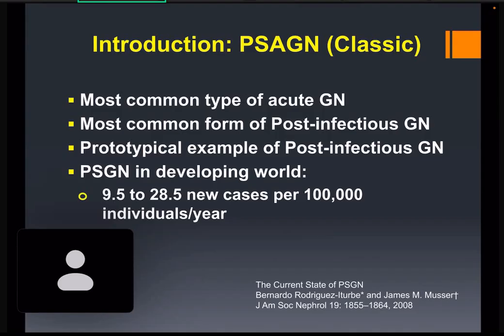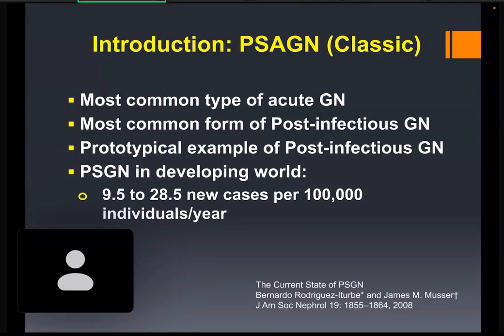The PSAGN, or post-streptococcal acute glomerulonephritis, is the most common type of acute GN. Acute GN is the general terminology, but when you talk about a specific streptococcal infection that leads to an acute glomerulonephritis, that is what we call post-streptococcal glomerulonephritis, hence the code PSGN or PSAGN because it's an acute case.